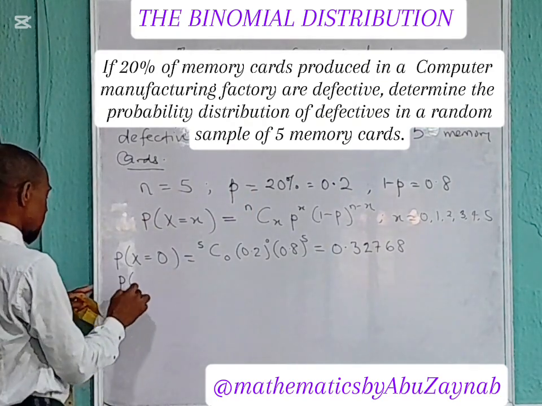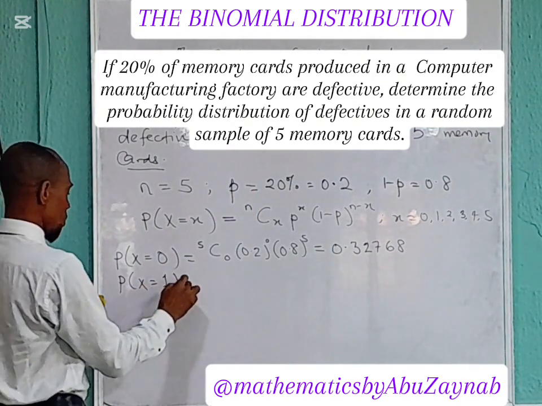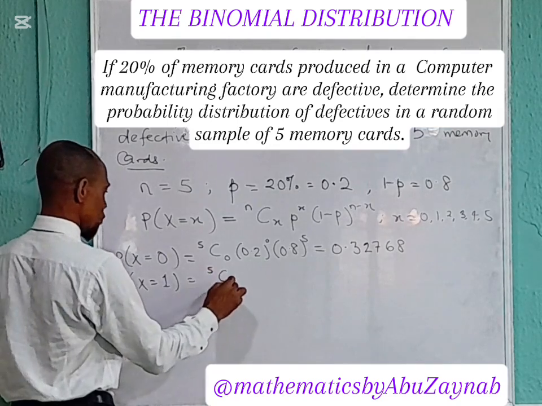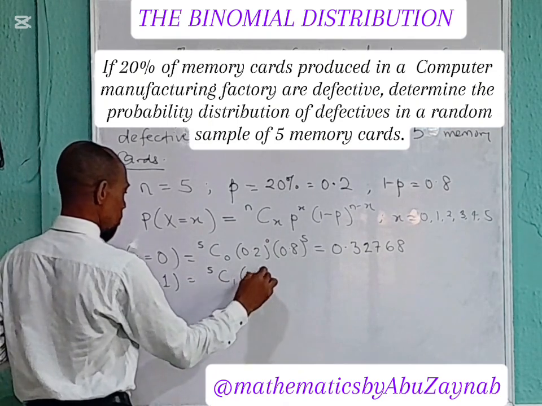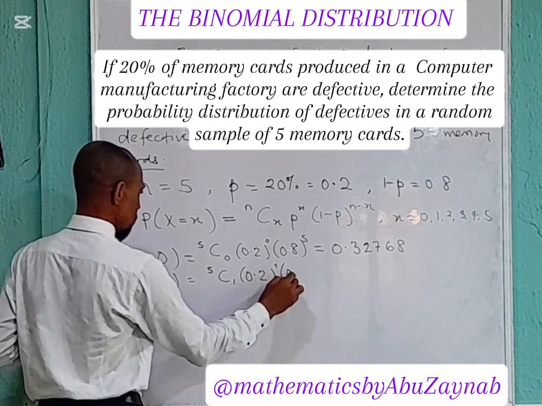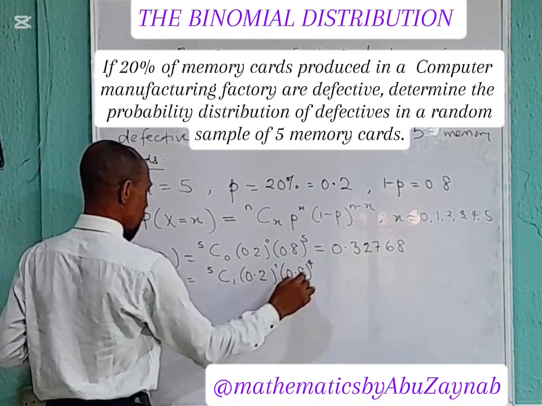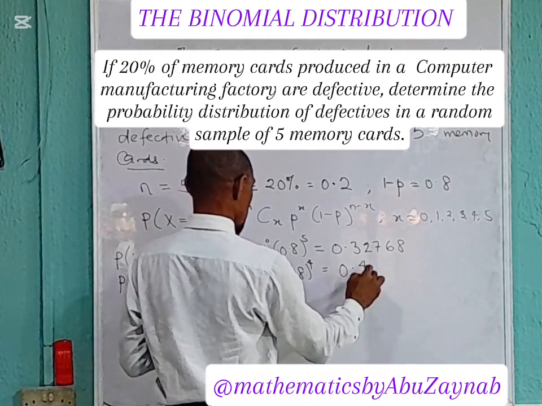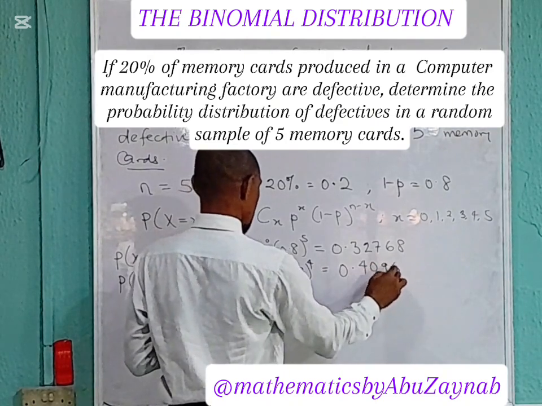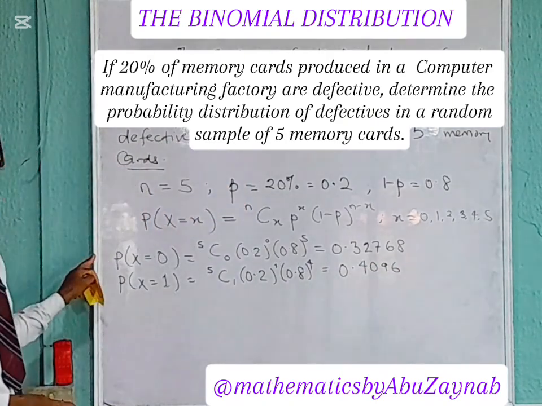The probability of x equals 1: we're going to have 5 combination 1, then 0.2 raised power 1, 0.8 raised power 4. When you compute that, you're going to have 0.4096. That is for x equals 1.